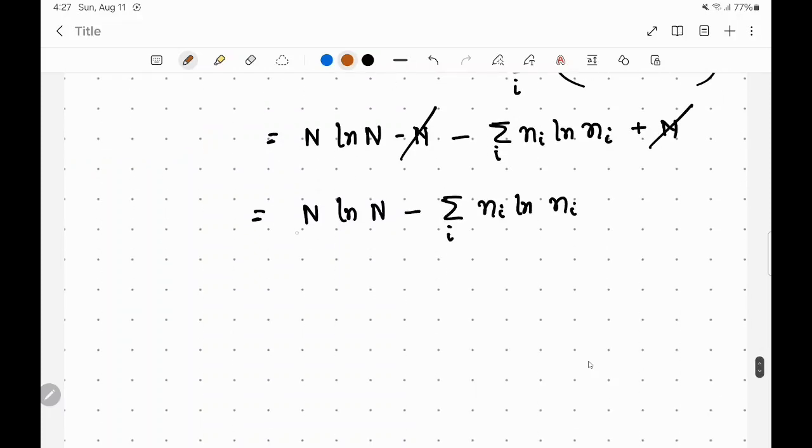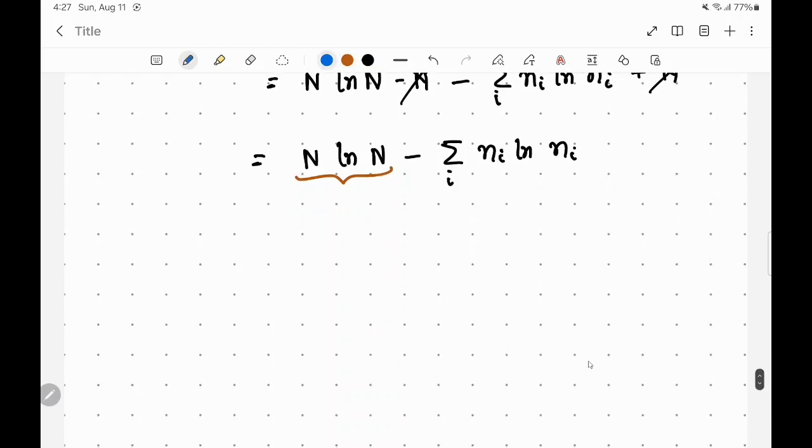Probably there is a typo. So the answer will be N ln N. So you have to calculate this N ln N. What is N? 20. ln 20. So it will be 20 into 2.995, so it's approximately 60. This is given as the answer.